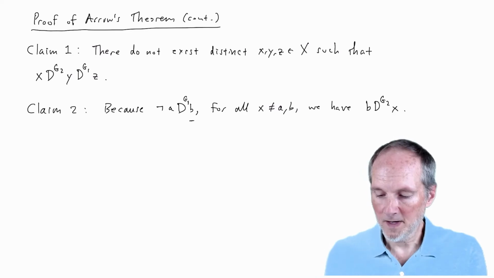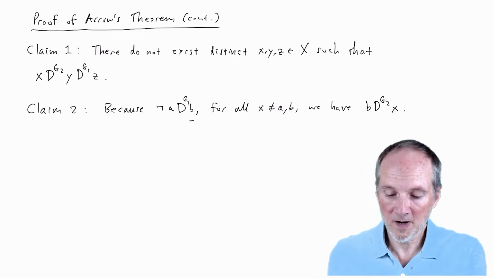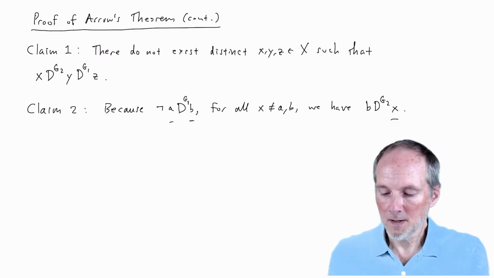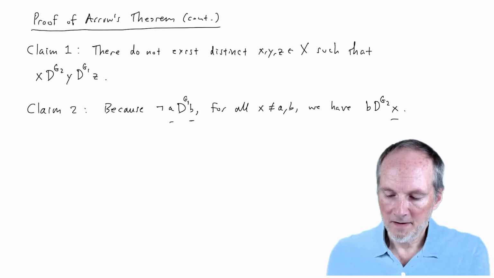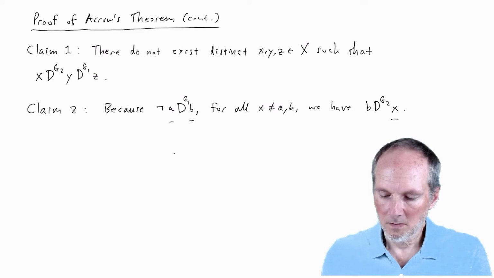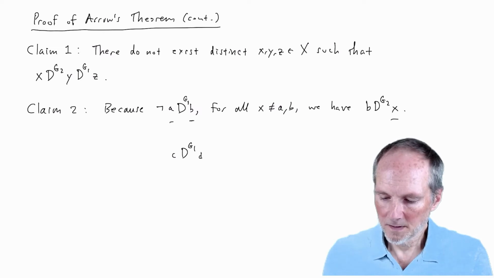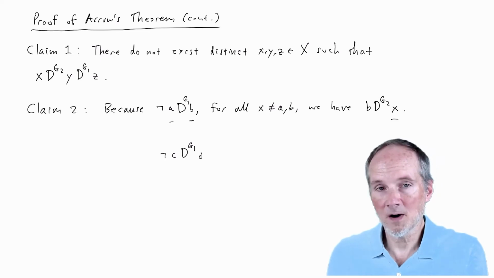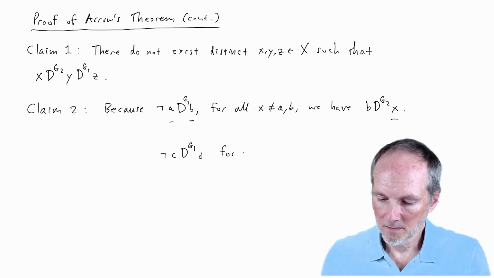I should point out that here we're framing claim 2 in terms of A, B, and a third alternative X. But if there's any alternatives C and D such that G1 is not decisive for C over D, we can use the same argument to show that for any third alternative, we have G2 decisive for C over that alternative.